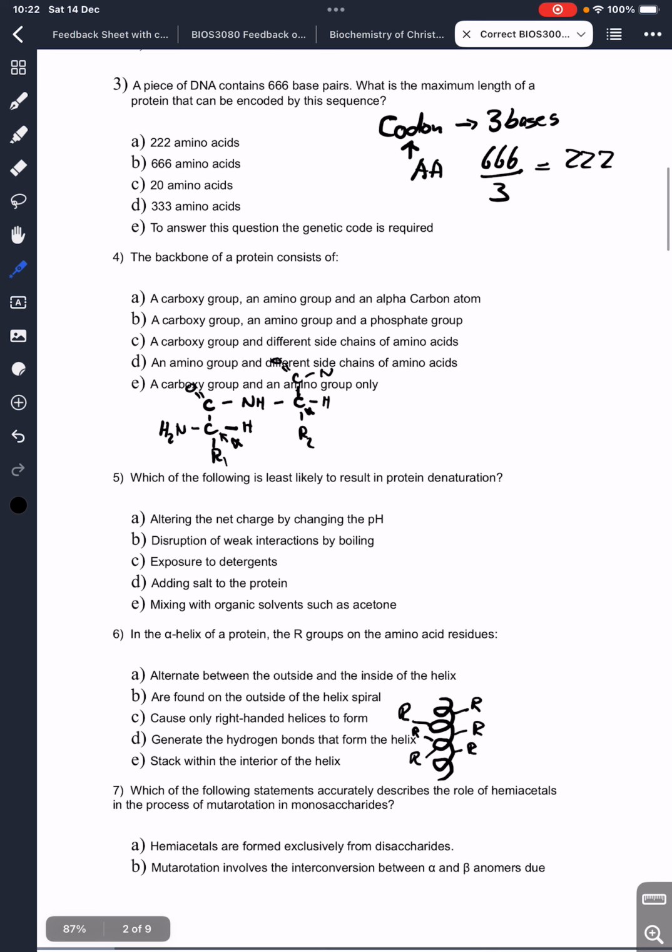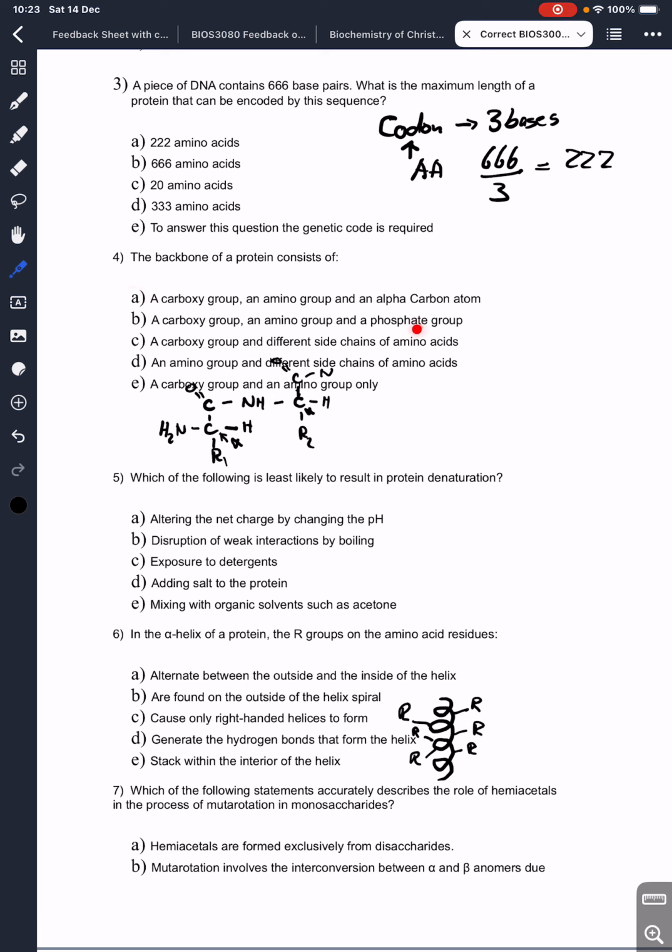The next question: the backbone of a protein consists of what? If we're looking at a protein, we usually have a carboxy group, an amino group, and the C-alpha atom. And then we would have the next carboxy group, amino group, and C-alpha. So we have a carboxy group, an amino group, and an alpha carbon atom, so that would be A here.